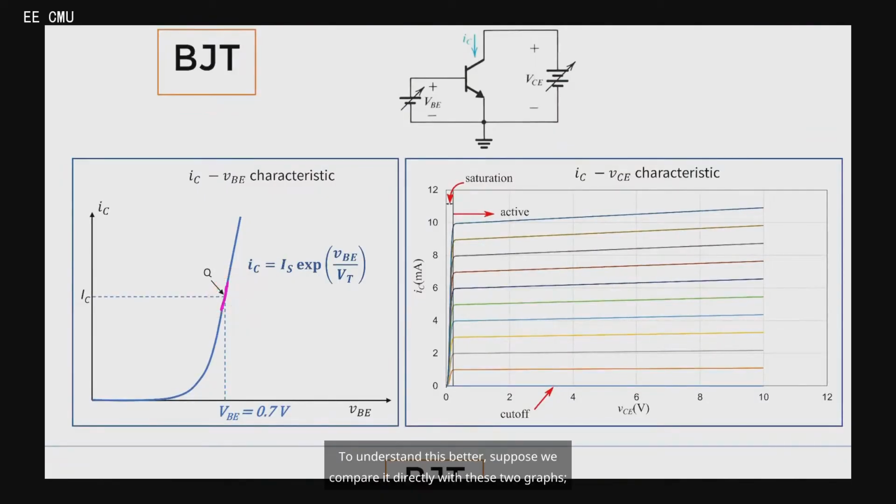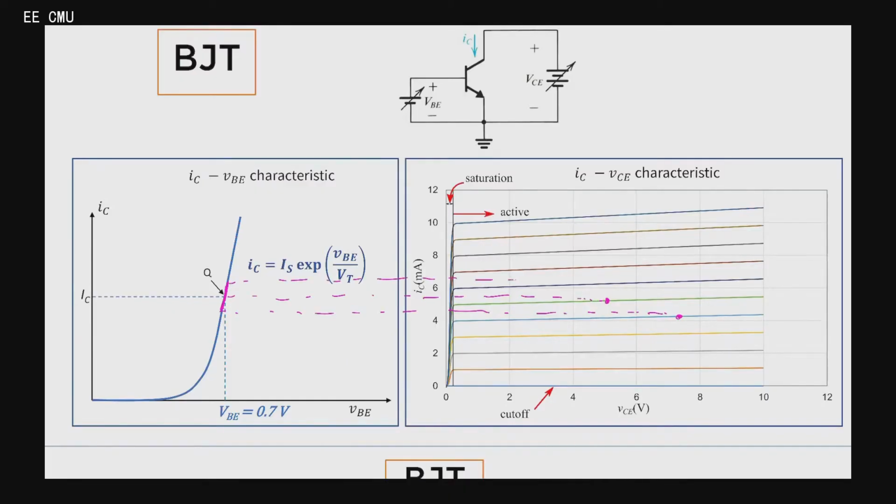To understand this better, suppose we compare it directly with these two graphs. Notice how this specific point intersects right here. The signal oscillation follows a pattern like this, and this other point intersects here as well. Let's assume for the sake of our analysis. By examining these intersections, we can see the amplification effect in action across the entire waveform. This one intersects right here.